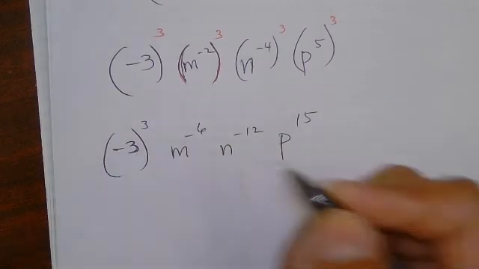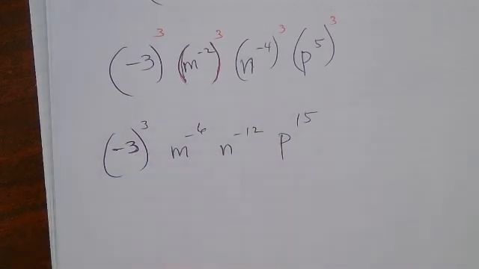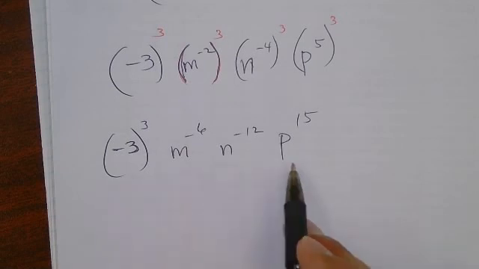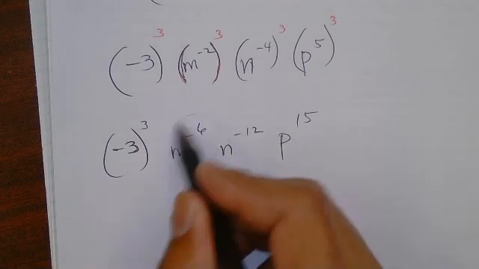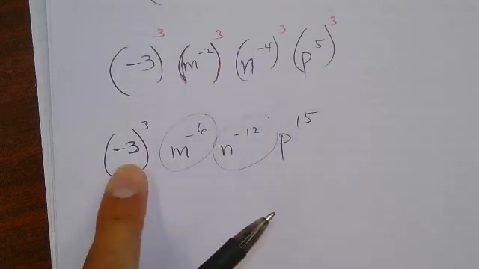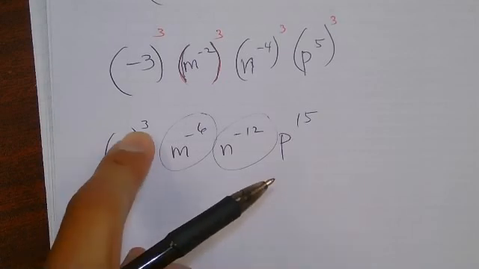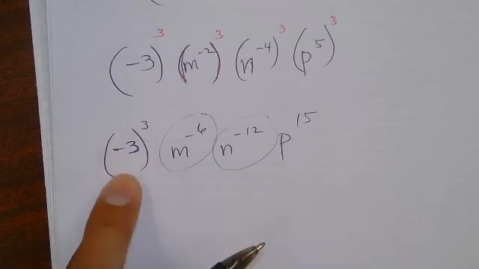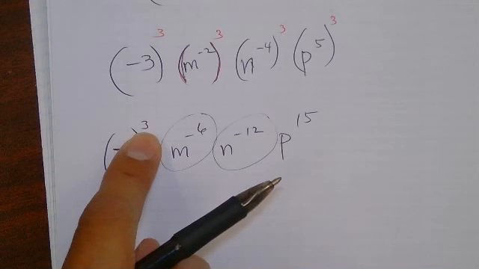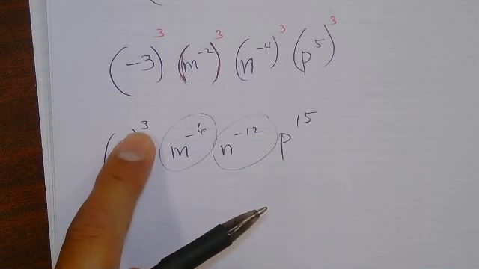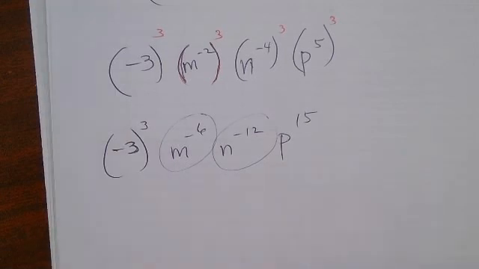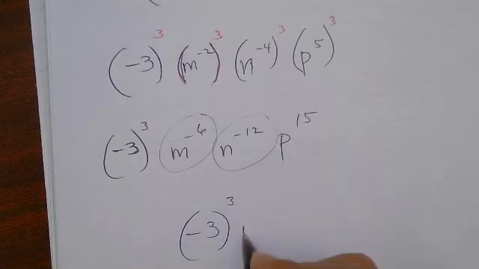Everybody got this far? Okay. Which ones go down? Everybody got this up to here good? Which ones need to move down because they have a negative exponent? Only these two. This does not have a negative exponent. The exponent's positive. That's just a negative number. Don't confuse a negative number with a negative exponent. That exponent is positive. That one does not go down.